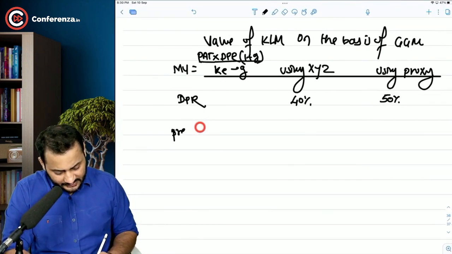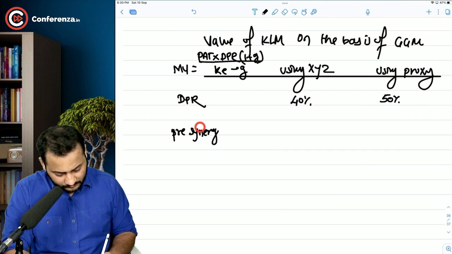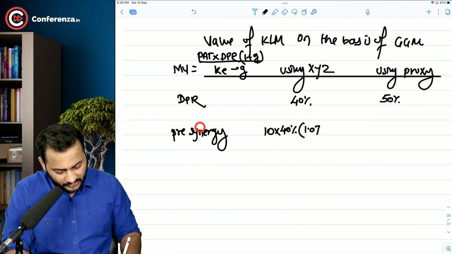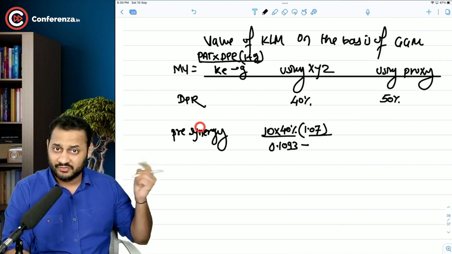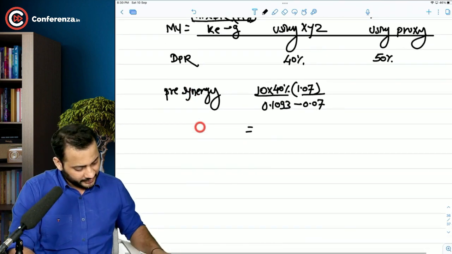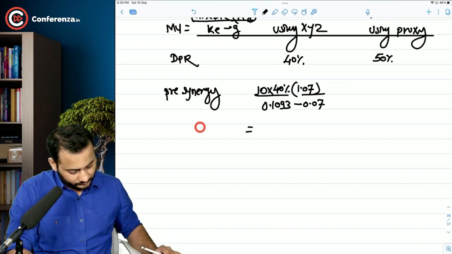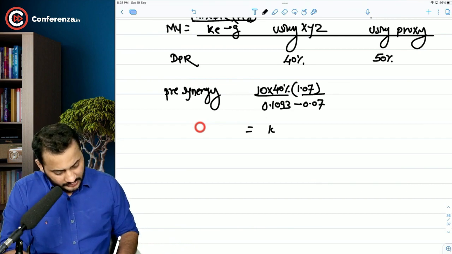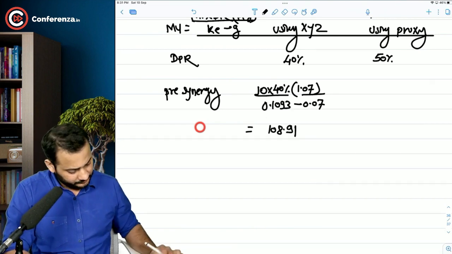Now, pre-synergy value. Understand, what is profit after tax? 10 crore multiplied by the payout ratio 40% and multiplied by 1.07, where 7% is the growth rate given in the question, divided by 0.1093, the cost of equity that we have just calculated, minus 0.07. So this will be the market value, 108.91.